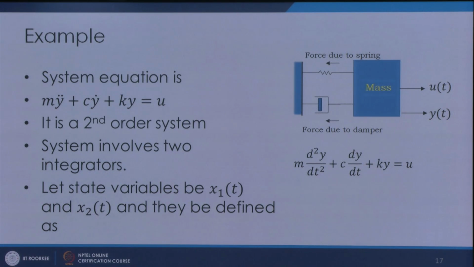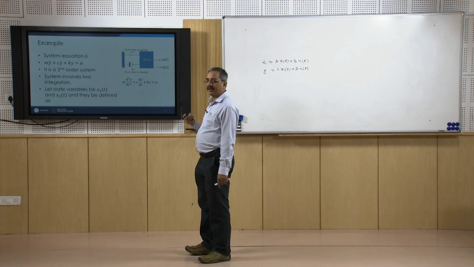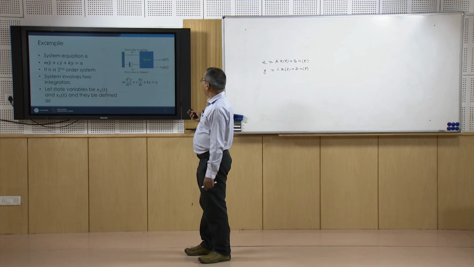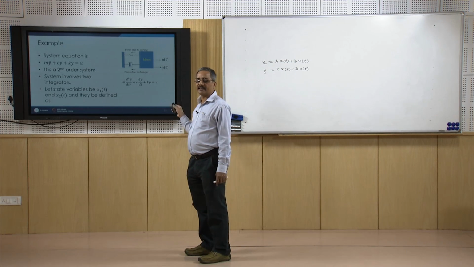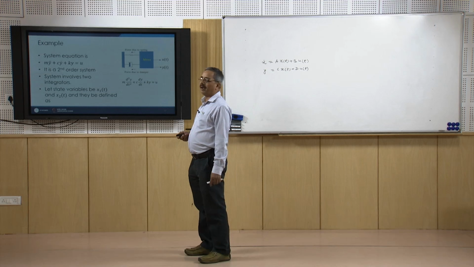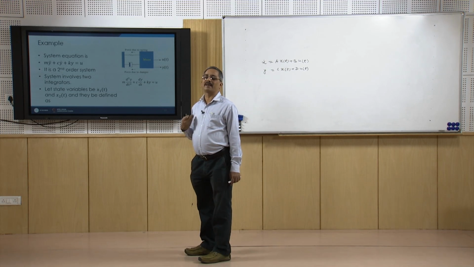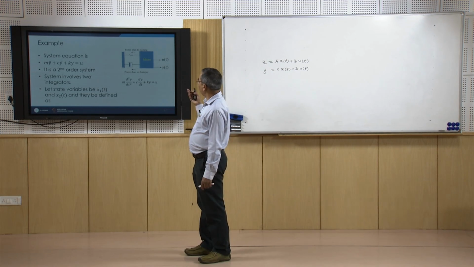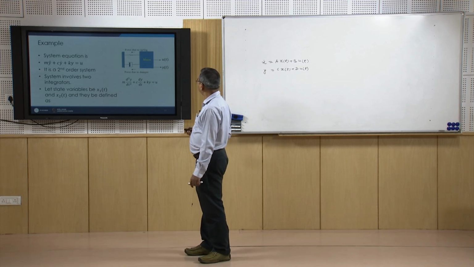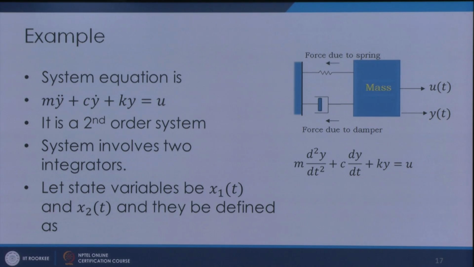We have seen several examples during our course, electrical, hydraulic, pneumatic, thermal, any system can be taken, but here I am just illustrating this concept by taking the spring mass damper system. In this system we have a mass m, a spring and a damper, subjected to a certain input u(t), and say y(t) is the output.